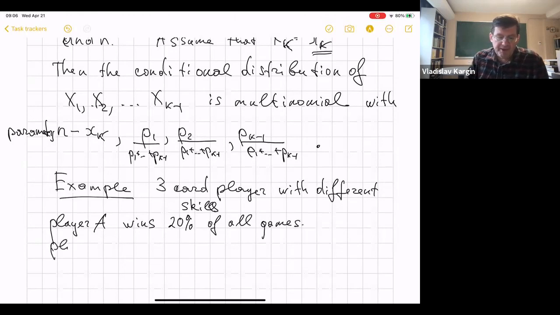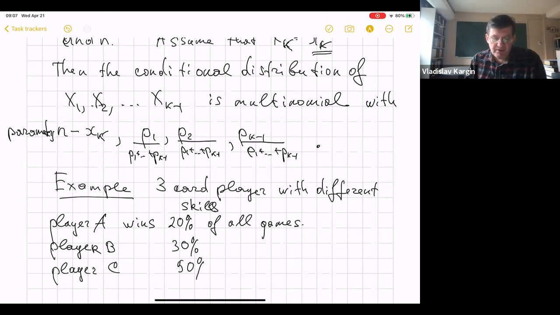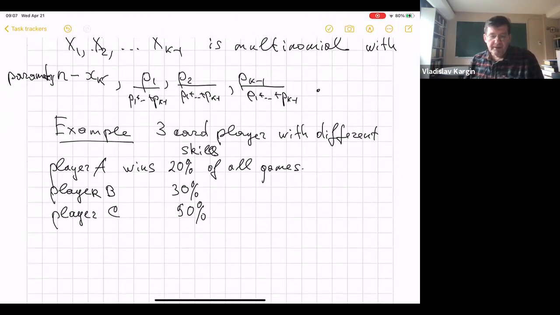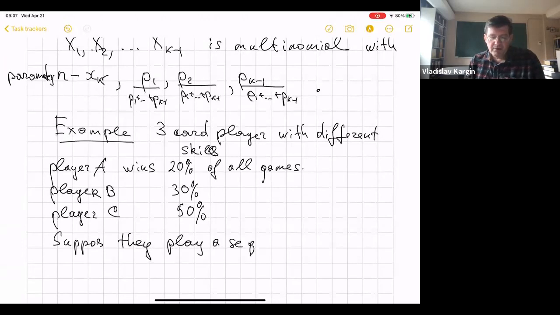So now player B wins 30% out of all games. So player C wins 50% out of all games. Right? And suppose they play a sequence of n equal to 6 games.